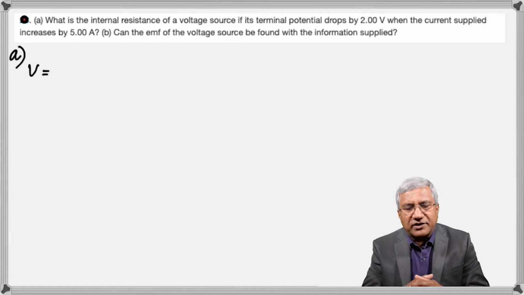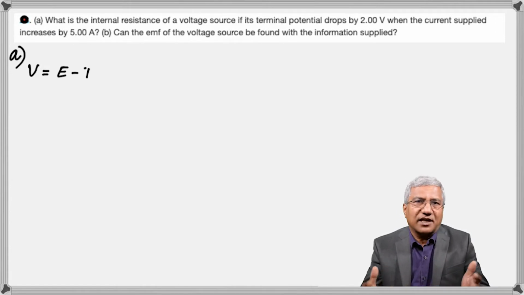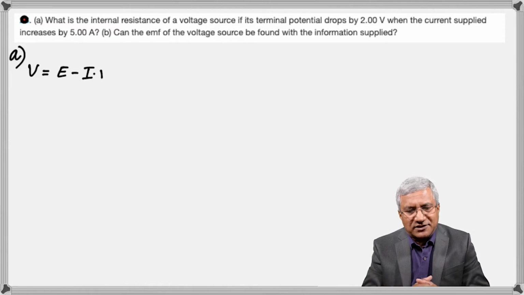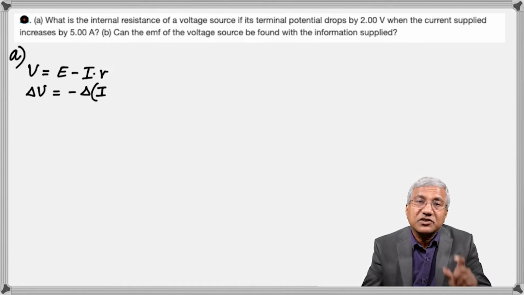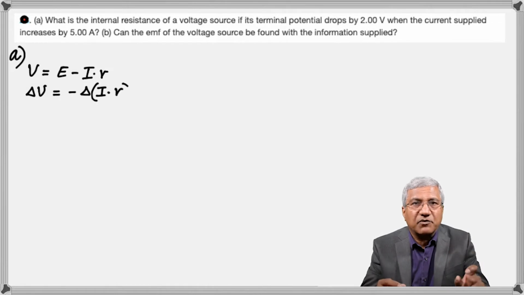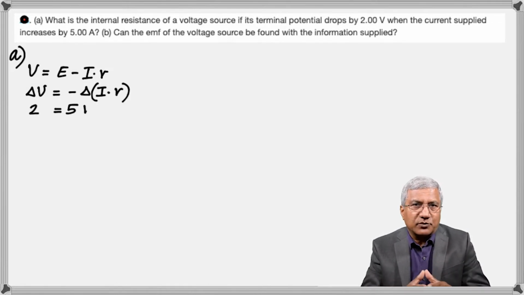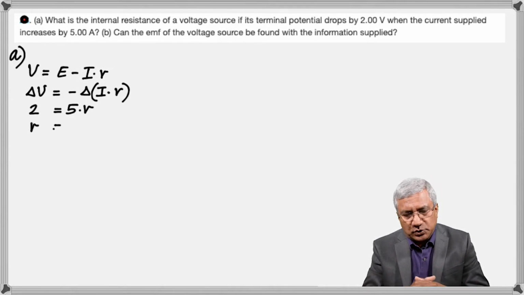We know that the terminal voltage is E minus I times the internal resistance. And so the change would be minus delta I times R. Why? Because E is a constant. E is the EMF of the battery that doesn't change. So now we can use that. We know that the change in voltage is 2.